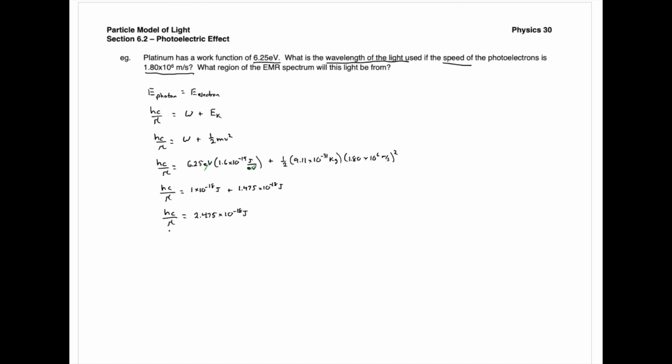So carrying on from here, now I can take the reciprocal of both sides. That'll give me wavelength over hc equals 1 divided by that 2.475 times 10 to the negative 18 joules. And I can multiply my hc to the other side, and that will solve for my wavelength.